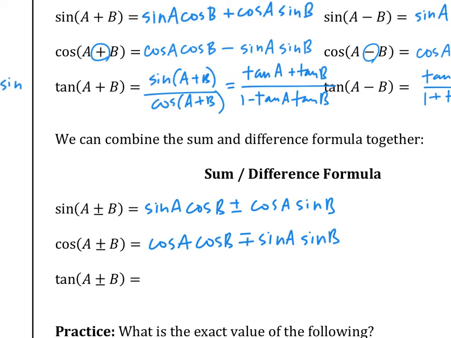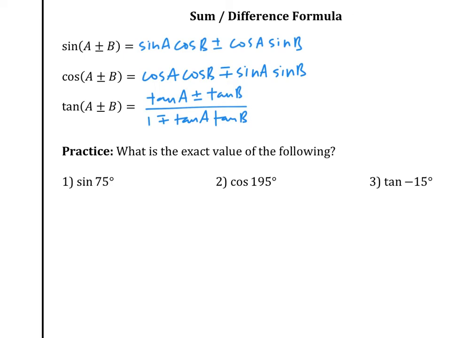It's not saying that you put plus minus on every single problem. Okay, tangent, same thing. Tangent A plus minus tangent B over 1 minus plus tangent A tangent B.